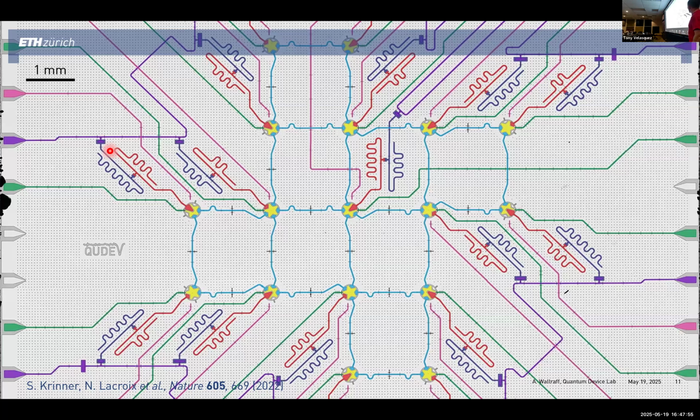And so now there was a question like, why does this capacitor here look the way it looks? A standard way to make a capacitor is you could just have two coplanar waveguides face each other. And then if you want to increase the capacitance a little bit, you could expand the coplanar waveguides a bit in this area, or you could make interdigitated capacitors, or in the way that it's realized here, it's what we call a hugging capacitor.